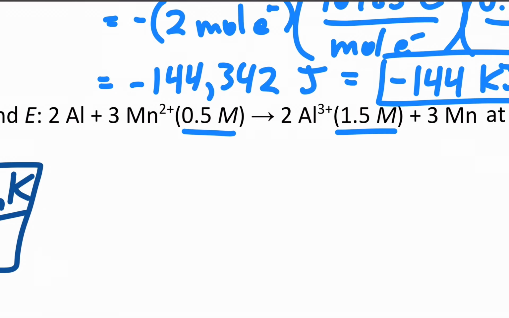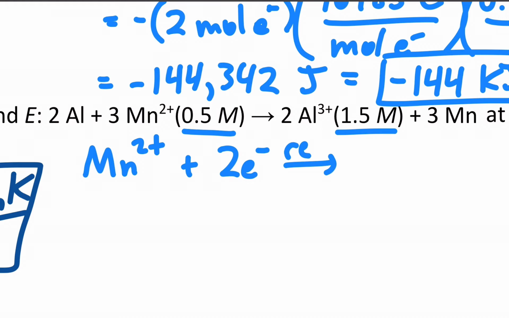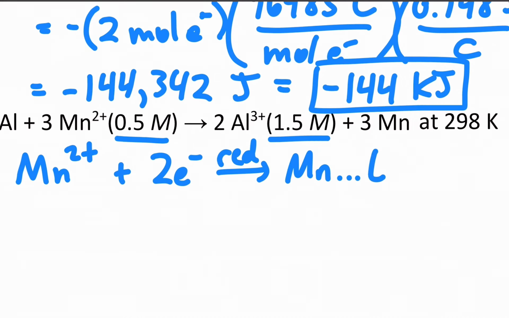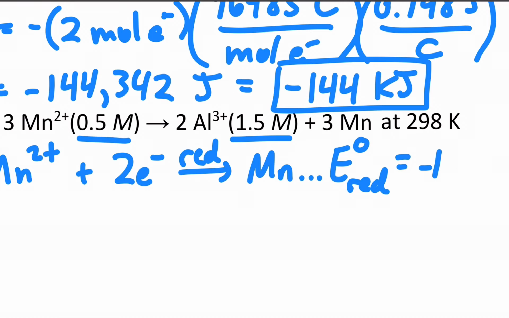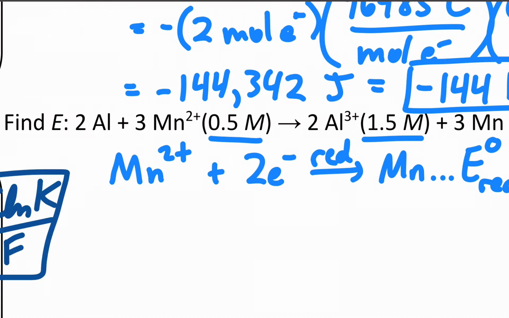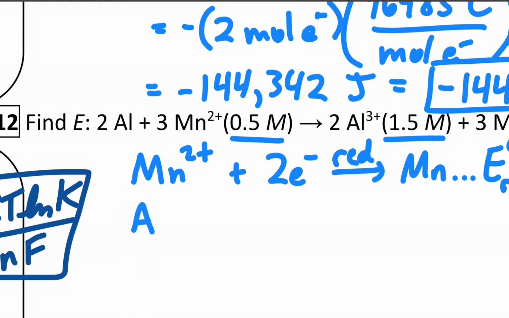I'll do the same thing I did up above. I'll start by writing the half reactions. Manganese 2 gets reduced with 2 electrons to become manganese. I'll need the standard potential. So that standard reduction, if I look it up, it's actually negative 1.182. And then the aluminum is an oxidation.